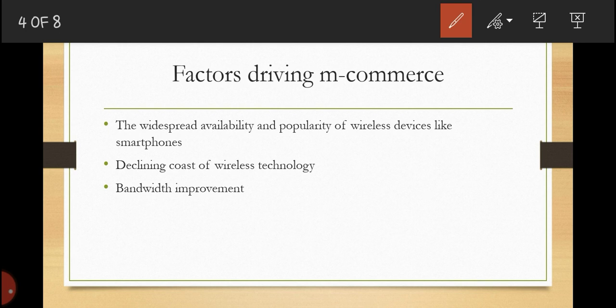The availability of these wireless devices, the smartphones, tablets, etc., is a driving force for m-commerce to take place at a larger scale.